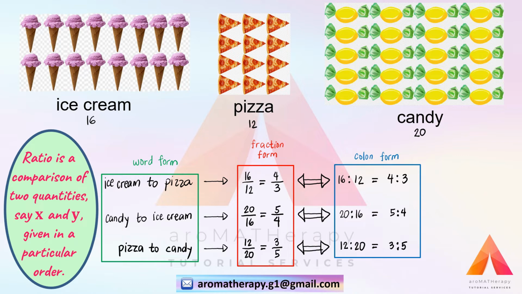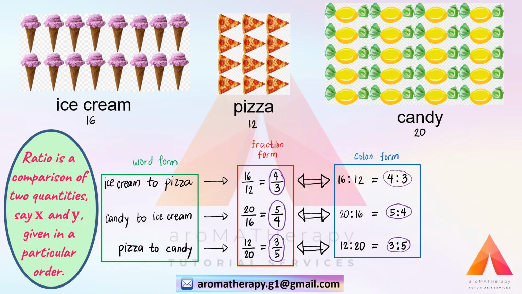As you may notice, we always simplify ratios. Ayan, bilugan natin yung mga simplified form ng bawat ratio. Here, 5/4, 3/5, and 4:3, 5:4, 3:5.